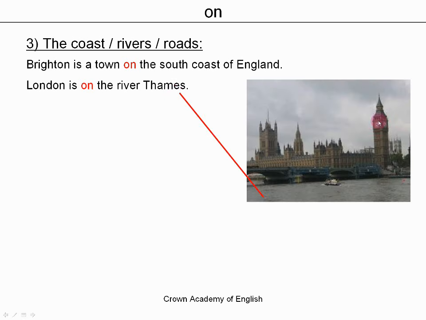So, for example, here is London, the city of London, and London is next to a river called the River Thames. But we do not say next to the river, we say London is on the River Thames, because it is a river. So a town is on a river, and that means it is next to the river.